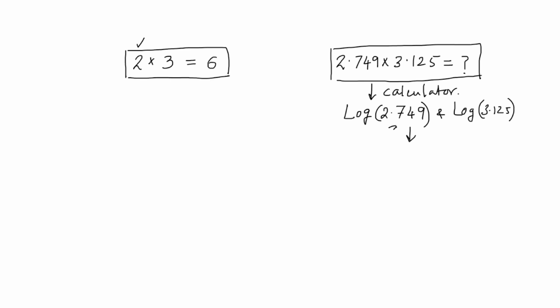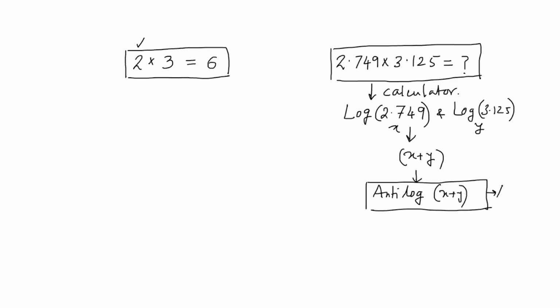Let us say this is x, this is y, so it will add x plus y, because if it is a multiplication, then in the log rule it should be added. From there again you should take anti-log. So to get the answer, anti-log of x plus y is your answer.